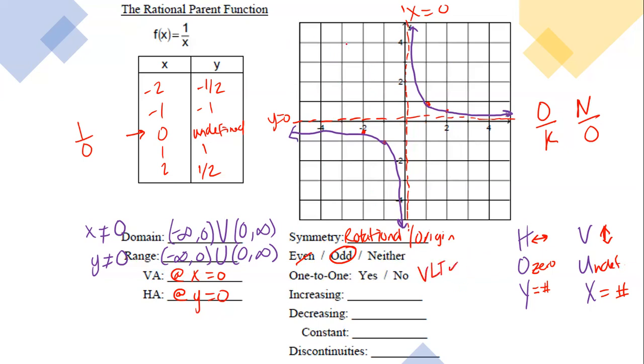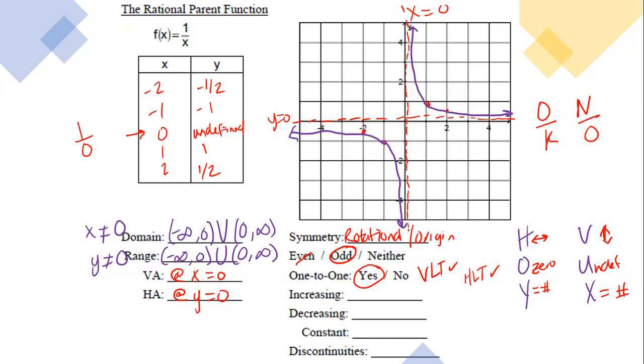Horizontal line test. If I have a horizontal line and I'm going left to right, am I hitting more than 1 point at a time? No. So it passes horizontal. So therefore, this function is one-to-one. If it passes the vertical line test and the horizontal line test, then it is a one-to-one function. Okay?